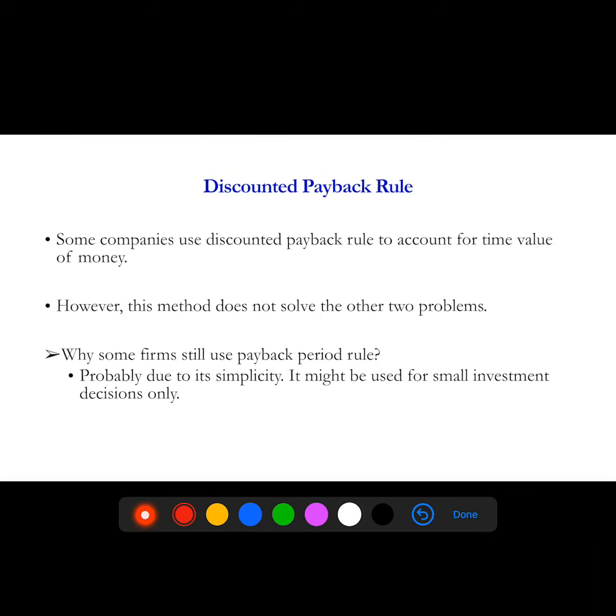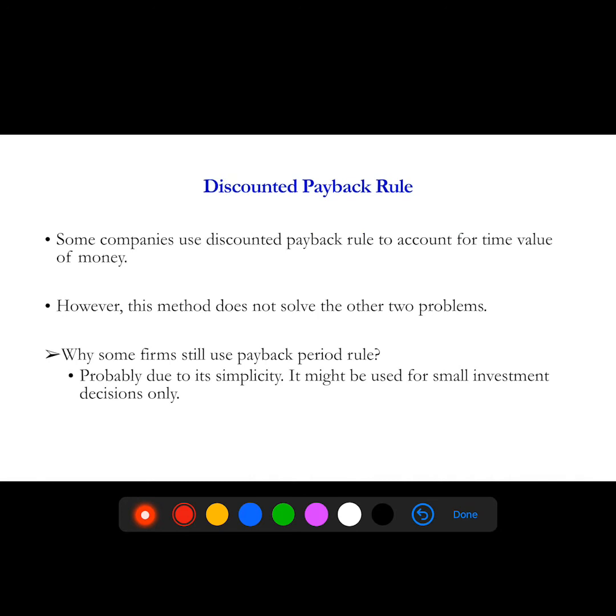So this is the last slide that I'm going to talk about in this video. Some folks have come up with a discounted payback rule. This discounted payback rule is going to account for the time value of money.